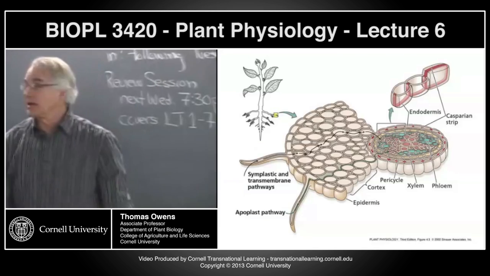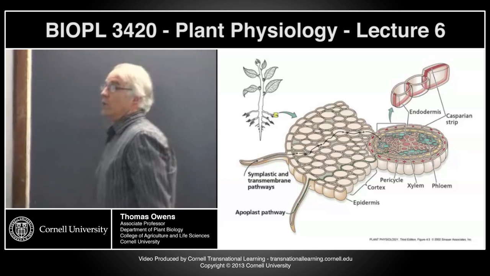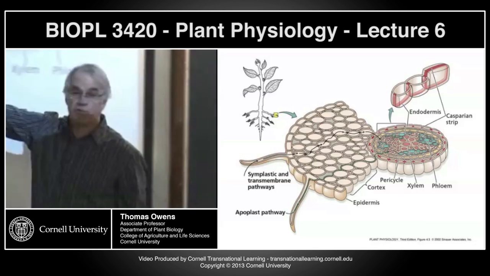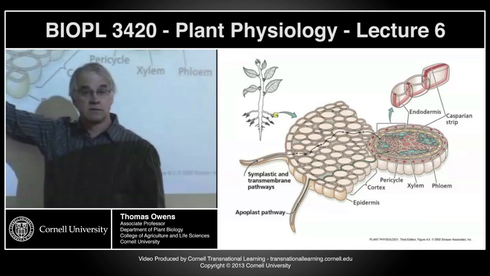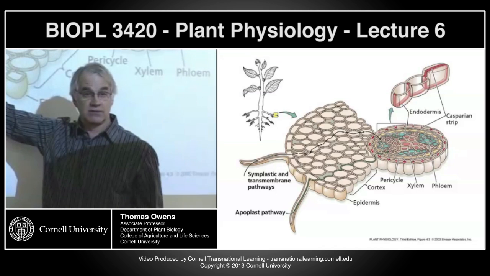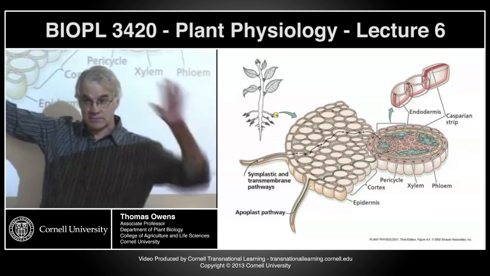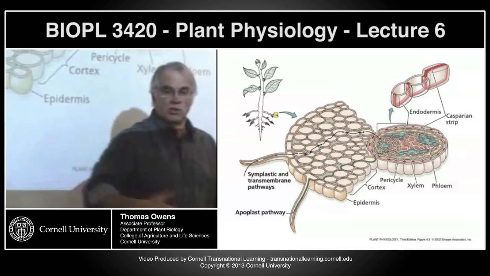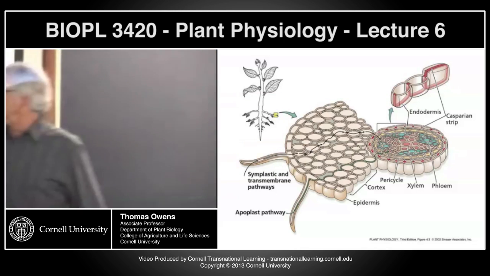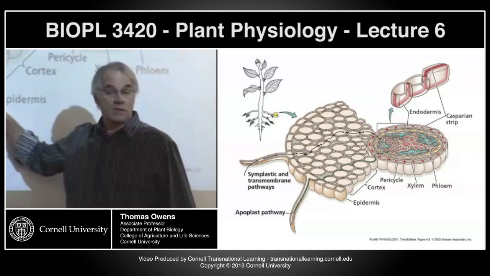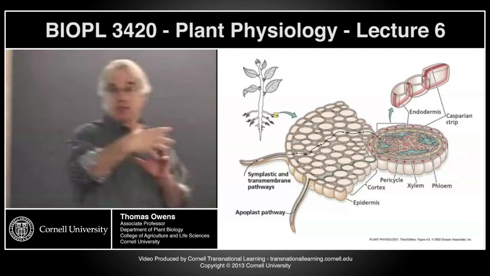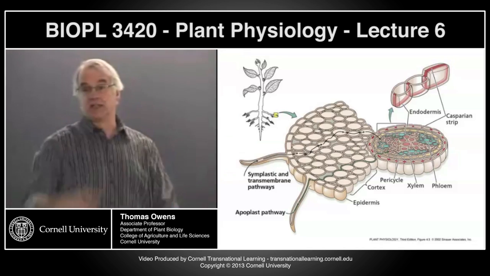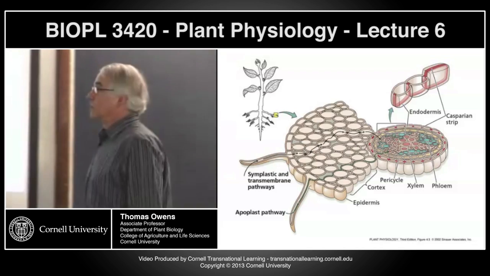Okay, so in the context of the root then, what we saw was when we go from the soil, and is the soil symplast or apoplast? Or neither? Apoplast. The soil is equivalent to the apoplast. It's continuous with the cell walls of the epidermal cells, right? So it's basically water that is sticking on the surface of those soil particles.